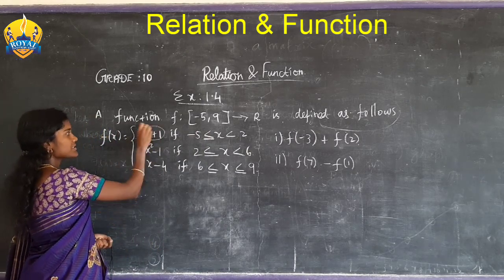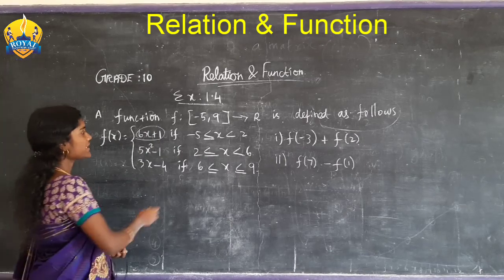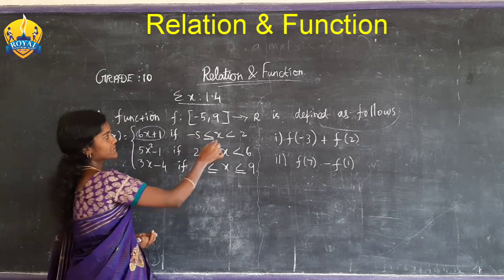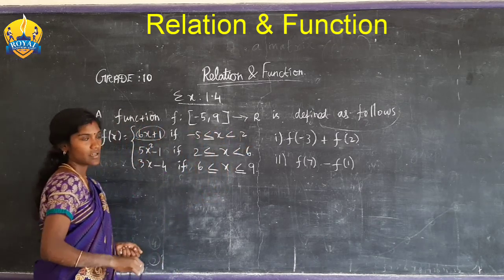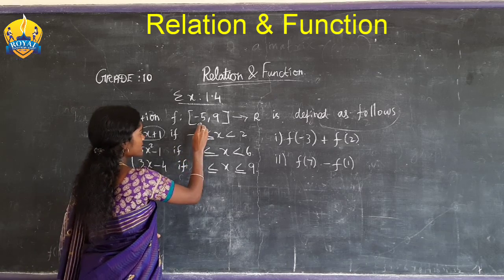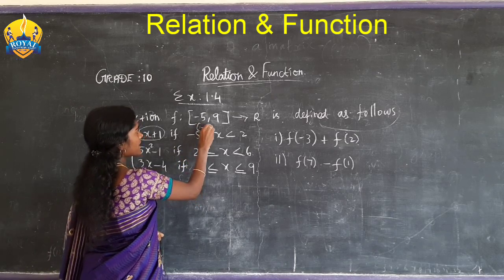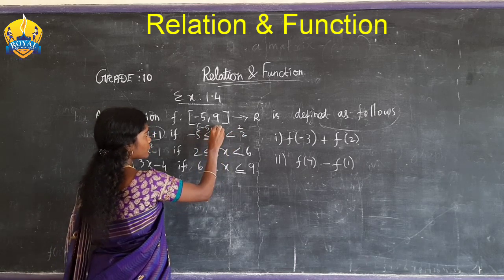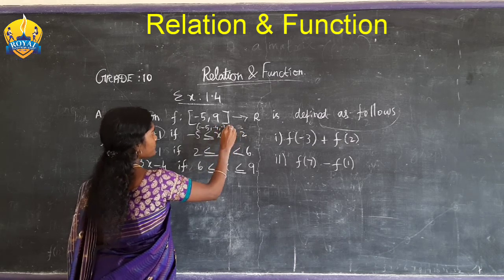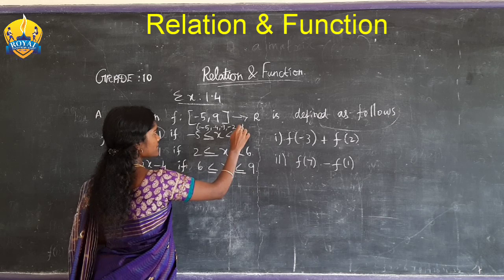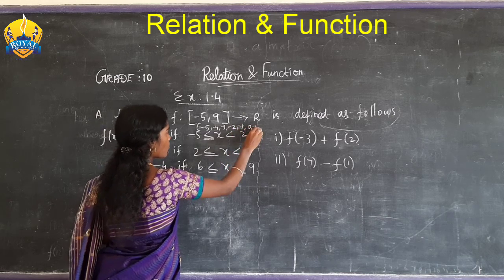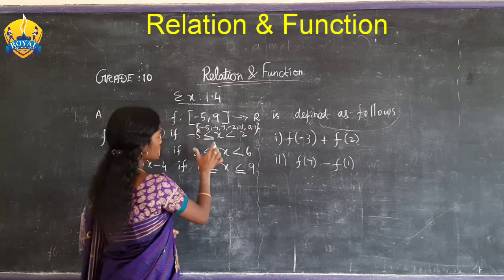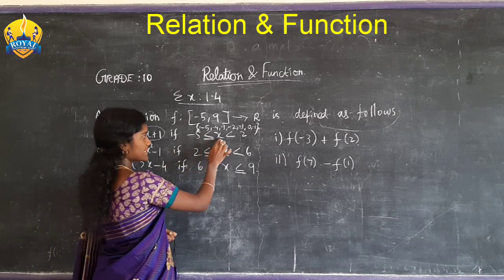First the condition is 6x plus 1, if x is greater than or equal to minus 5 and less than 2. So the numbers are minus 5, minus 4, minus 3, minus 2, minus 1, 0, 1.